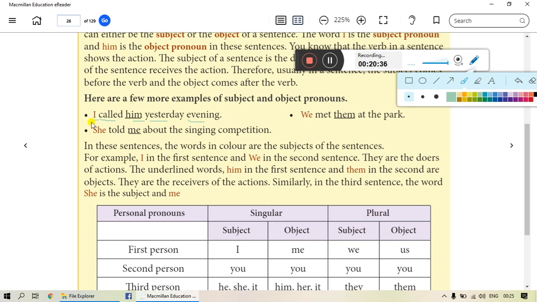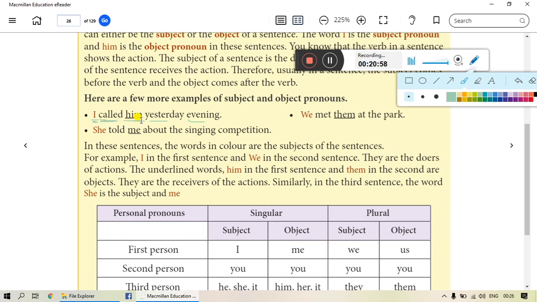If you will see, I is used in the place of the name of some person, so it's a pronoun. Called is when you pick up something and you keep it to your ear and then only you call, so it's an action.